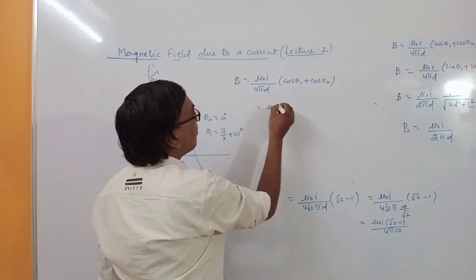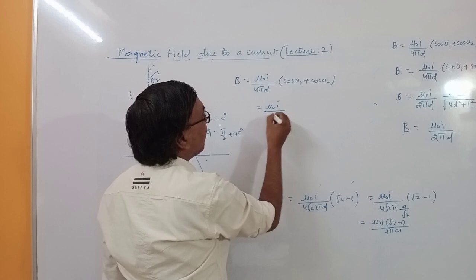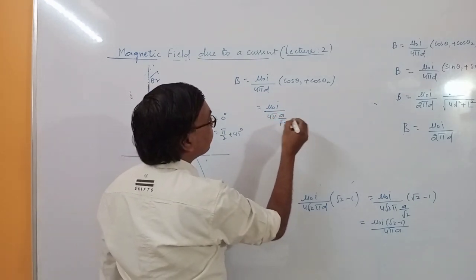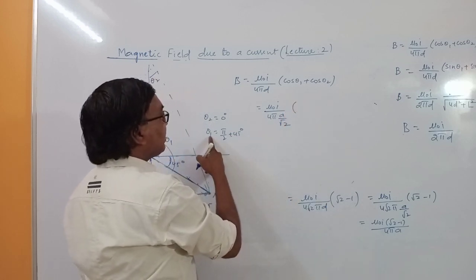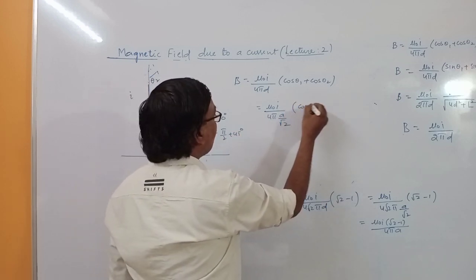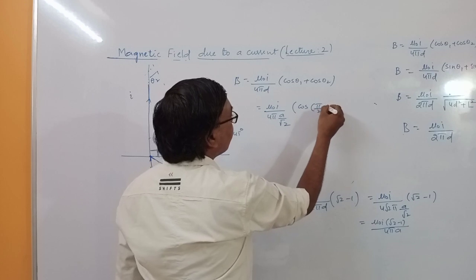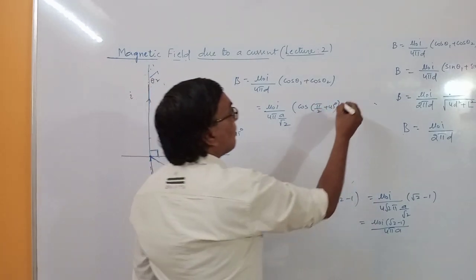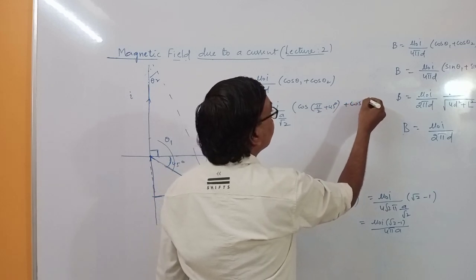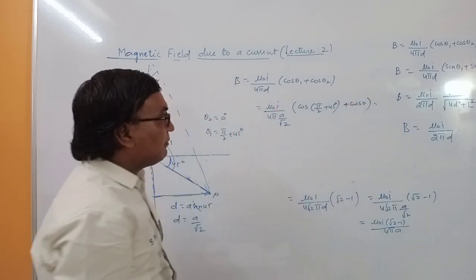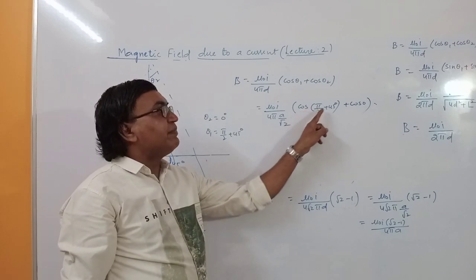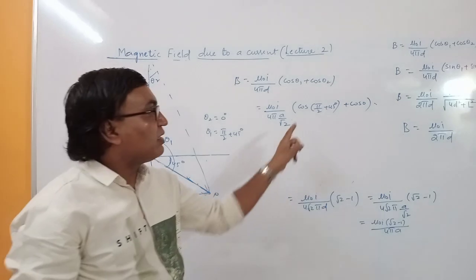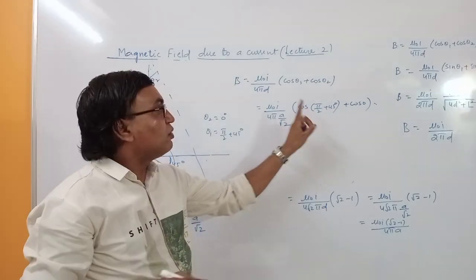Apply in this formula: mu naught I by 4 pi d, where d is a by root 2, into cos theta 1, so cos of 90 degrees plus 45 degrees, plus cos 0. Cos 0 is 1. Cos of 90 plus theta is in the second quadrant, where cosine is negative, so it equals minus sin theta.